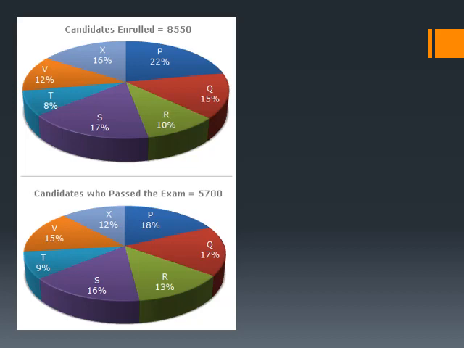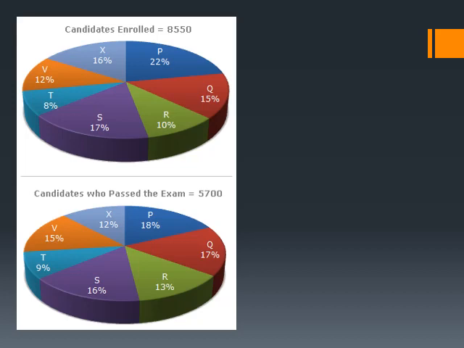So it's basically giving the percentage of students who enroll for an exam. The total number of students who enroll in an exam is 8,550, and the candidates who pass the exam is 5,700.